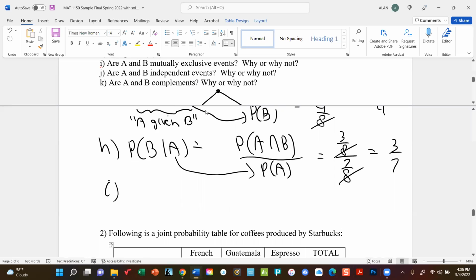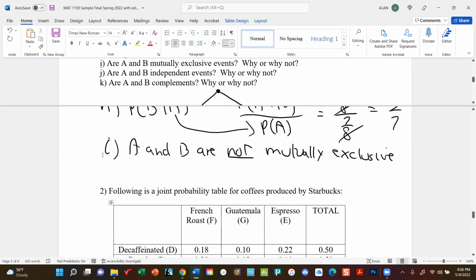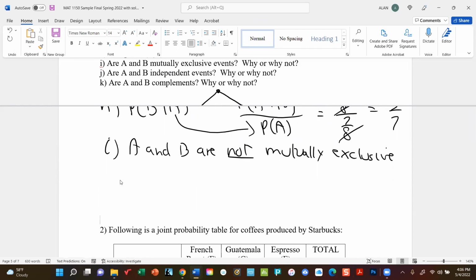So when it says are A and B mutually exclusive, the answer is no. The reason why is that the probability of A and B is not 0, which implies that they have something in common. Mutually exclusive means they can't both be true, and they must not have anything in common. But we saw that A and B have 3 elements in common, so therefore they cannot be mutually exclusive.